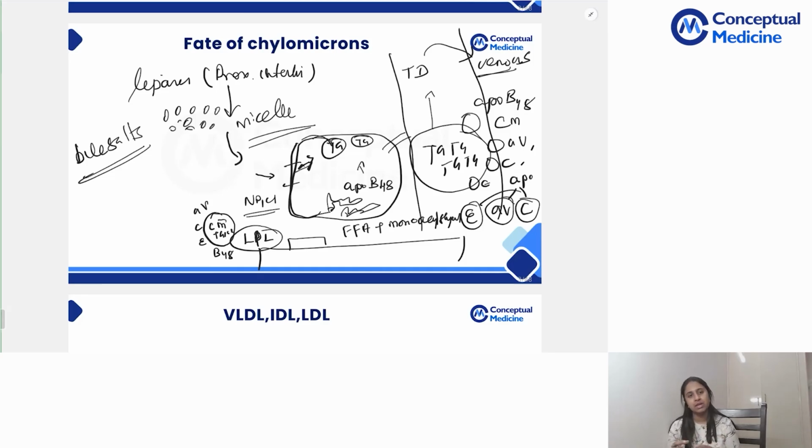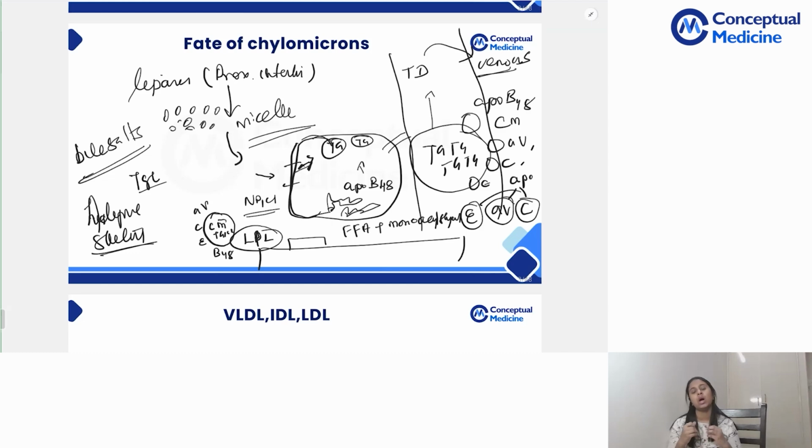For example, this lipoprotein lipase would be seen, not in hepatic tissue, but in adipose tissue and in your skeletal muscle. If the chylomicron gets into the capillary plexus of your adipose tissue, lipolysis will happen and the free fatty acid will be taken up by your adipocyte. Skeletal muscle utilizes it in energy formation, into ATP formation.